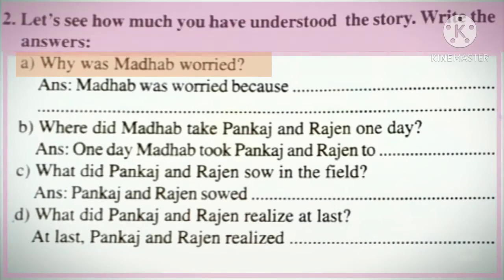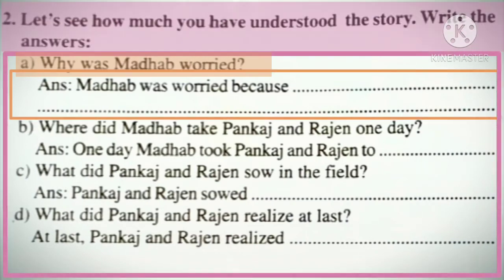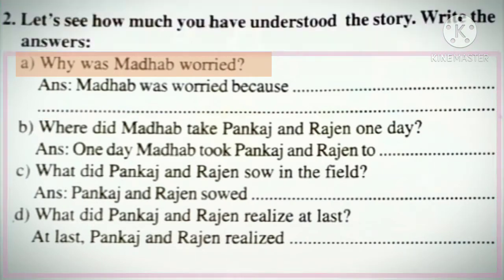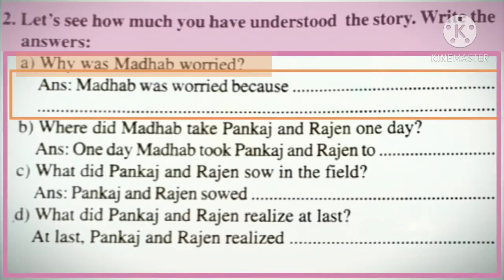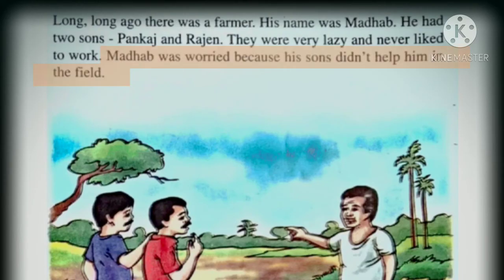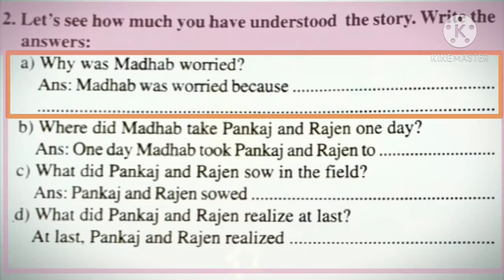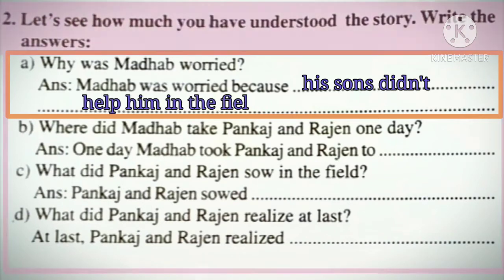The answer is incomplete. It is written, Madhav was worried because. Now, as we have read the story, in the first page of the story it is given, Madhav was worried because his sons didn't help him in the field. So, here we will write, because his sons didn't help him in the field.